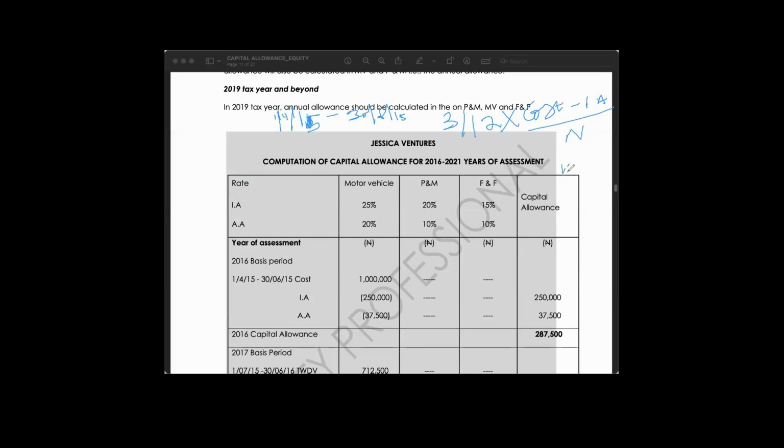You remember I told you N is equal to 100 divided by annual allowance rate. Our N in this situation is 5 years. So I will now say cost. My cost is 1 million minus 250,000.